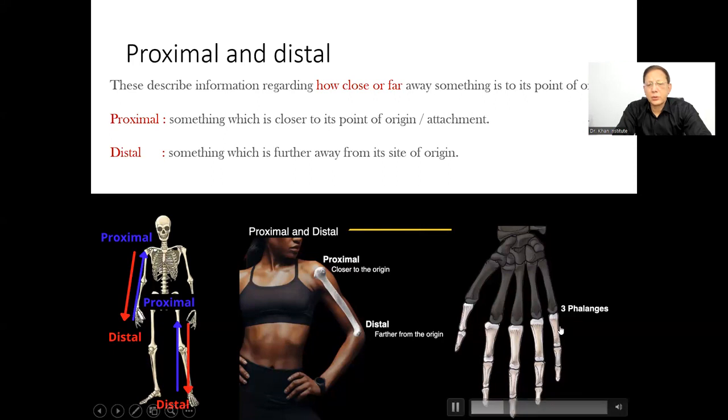So the phalange which is close to the origin or attachment is proximal phalanges, and the last one, which is away from the joint, is distal phalanges.